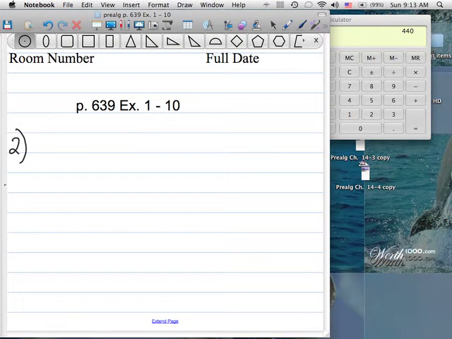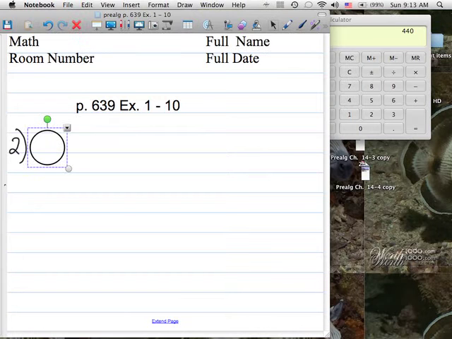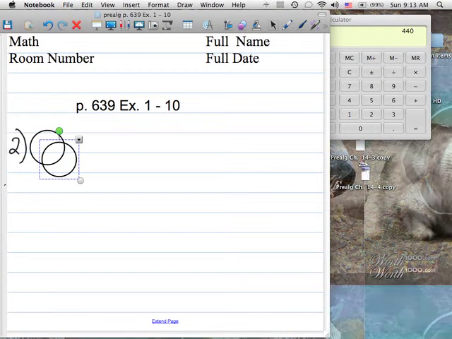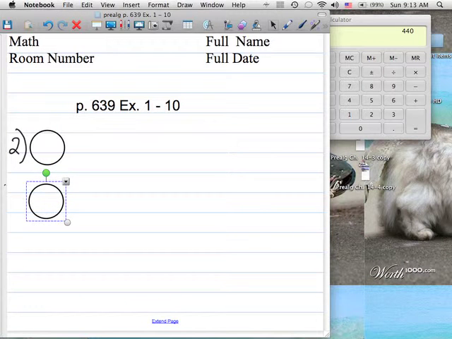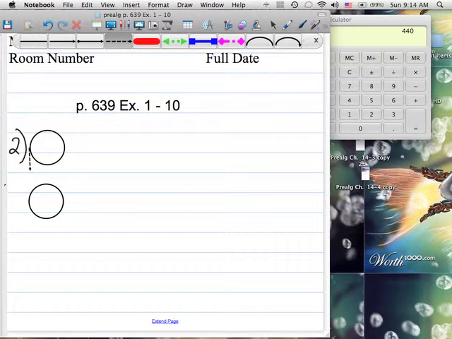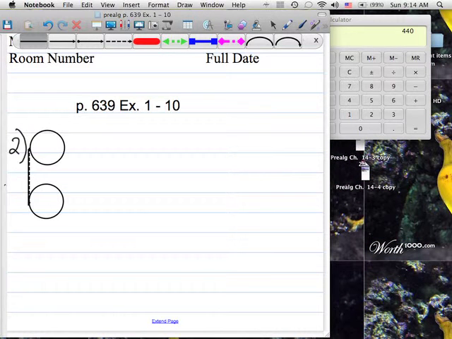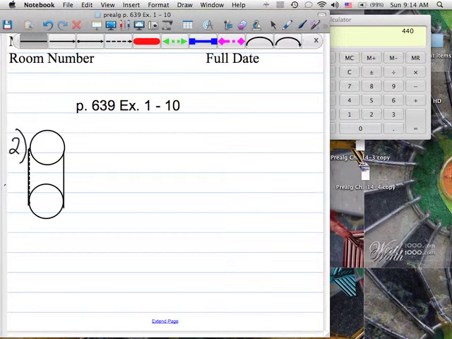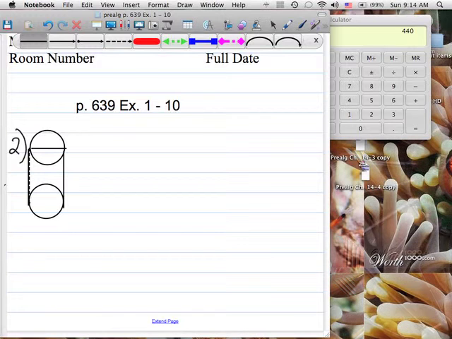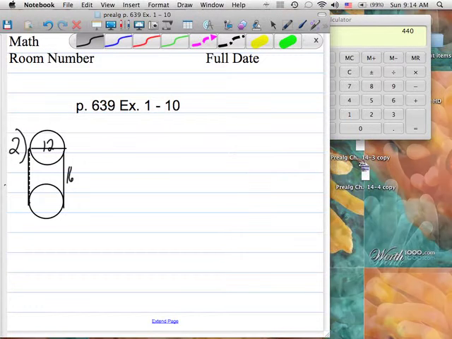So we have a cylinder. And the diameter is 12 yards and the height is 16.